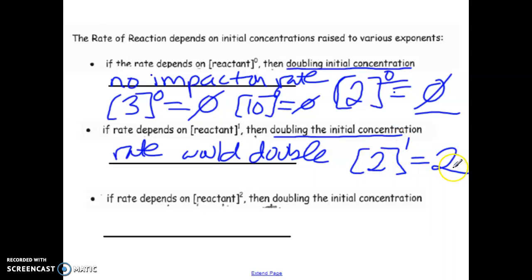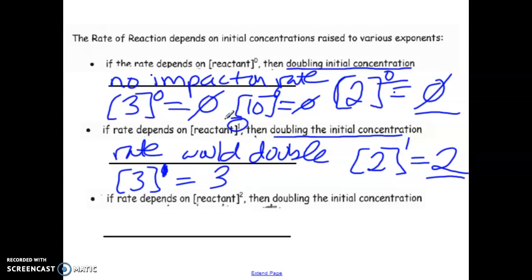So if we double the concentration, we double the rate. If I triple the concentration, we triple the rate. It also works in reverse. If you want to slow down a reaction and cut the concentration in half, you're going to have half of the rate. Again, this is important information to know if you're trying to manipulate how quickly or slowly a reaction is proceeding.